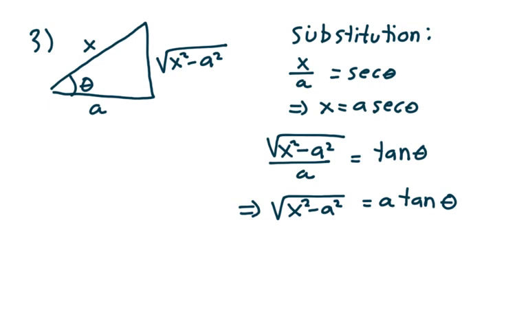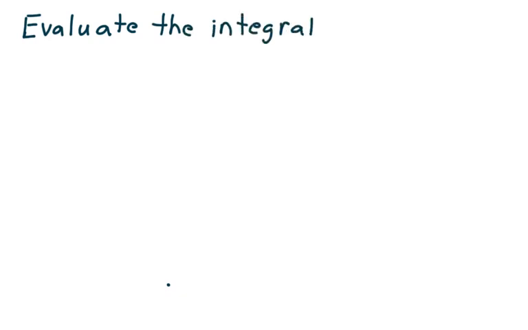Now, with that in mind, the directions say to evaluate the integral. The main idea here is you want to transform this integral from x to something in terms of theta.